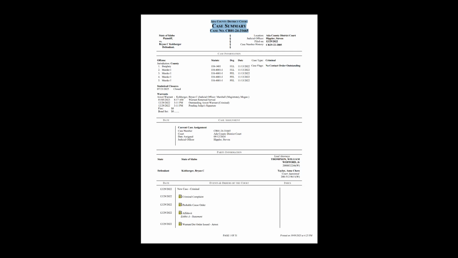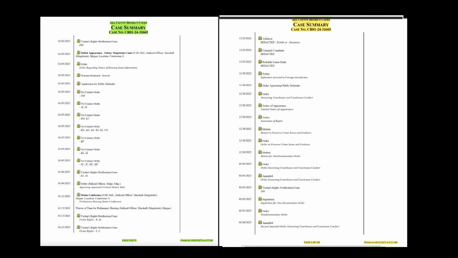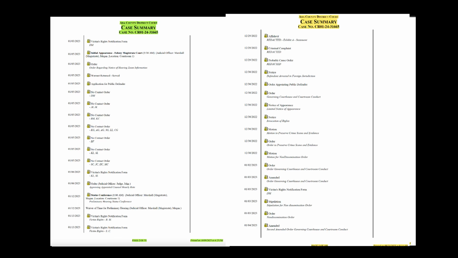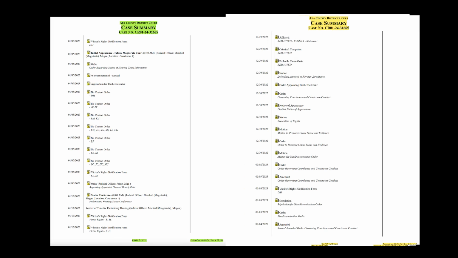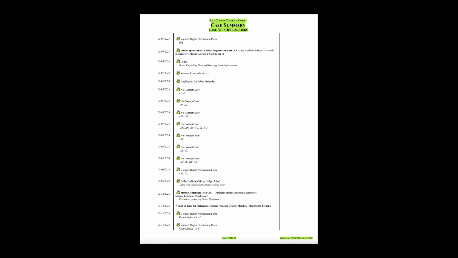If we go on to page number 2, however, we start to then see the differences because there is a lot less information on page 2 of the condensed or the current case summary page as opposed to the complete one. This is page 2 of the current case summary page, 51 pages, and here's what it used to look like from the 108 page document.